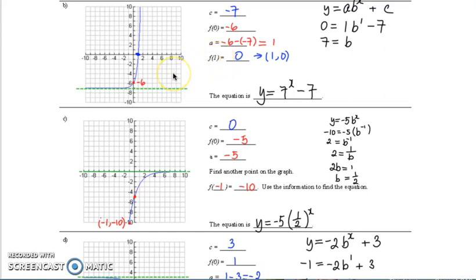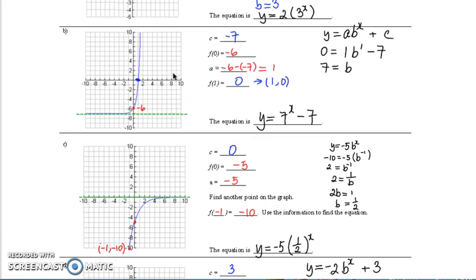And then you also need a second point on the graph to find b. f of 1 is equal to 0. So this is convenient. We have (1, 0) on this exponential function. Putting this all together, my temporary equation is y equals a times b to the power of x, minus 7, because that's c.